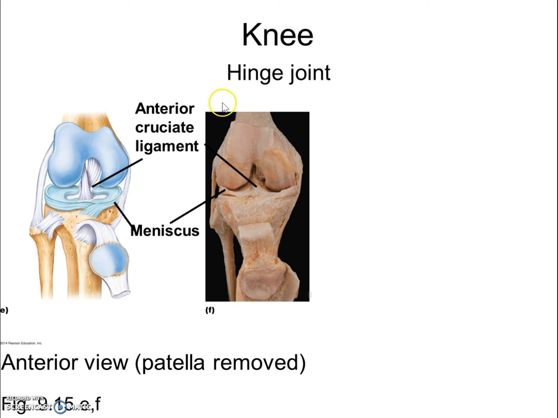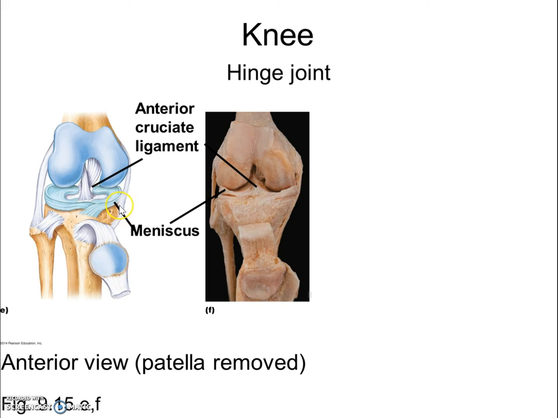So what we're looking at here is an anterior view. The patella is removed, so cartoon version on the left, real human knee on the right. Here's the patella flapping down here. What we see are 2 very important structures. One here coming in through the front is the anterior cruciate ligament, or ACL, and that helps attach the femur on the top to the tibia on the bottom.